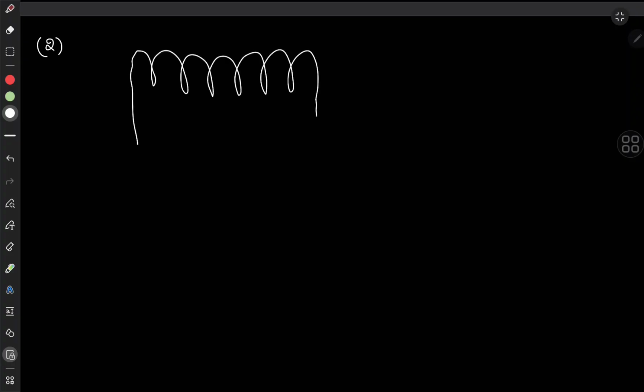In case 2, I just apply a time varying current. That means I is varying with respect to time. Time varying means di by dt is varying.